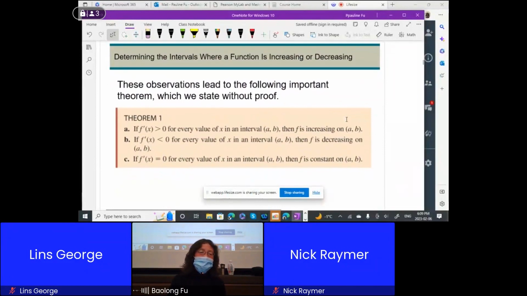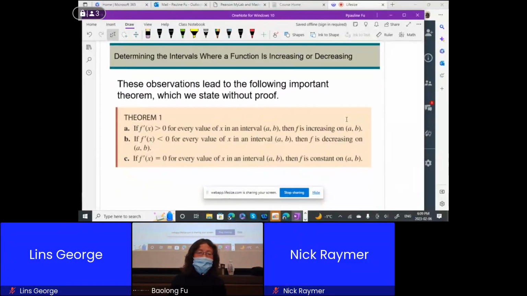So now, how do we know at which intervals the function is decreasing or increasing? So this is a theorem. This theorem, we just accept it as axiom without proof. If a derivative is greater than 0 in interval AB, f is increasing on AB interval.